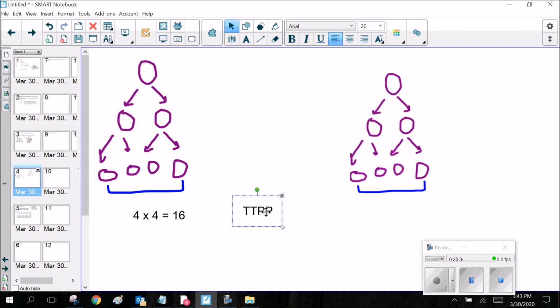Because these are two different traits we're looking at, we're going to treat them as if they're on different chromosomes. So the T trait is on a different chromosome than the P trait. And that's going to allow us to do the following. We're going to try to come up with all the combinations of alleles that this organism could produce. What do I mean by that?